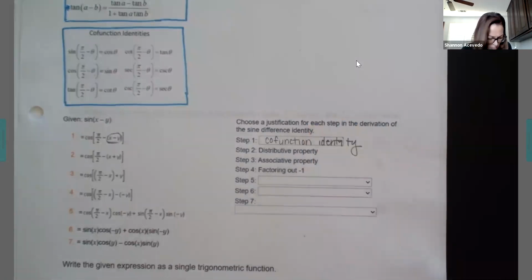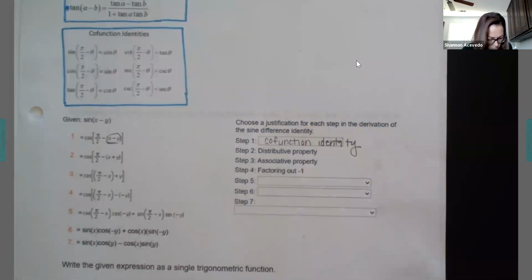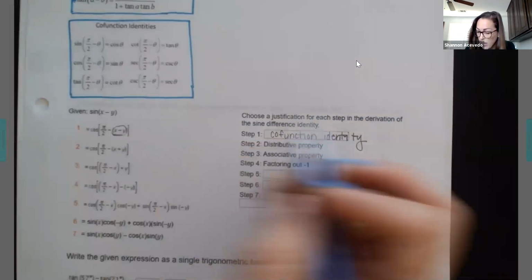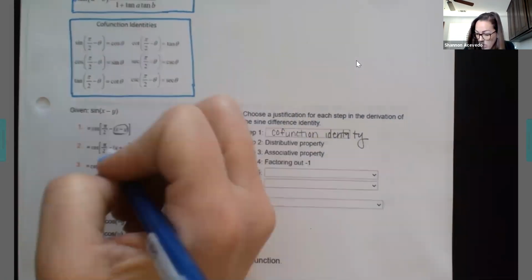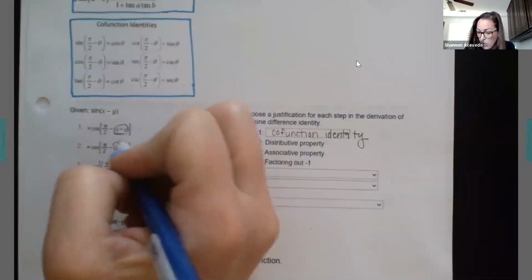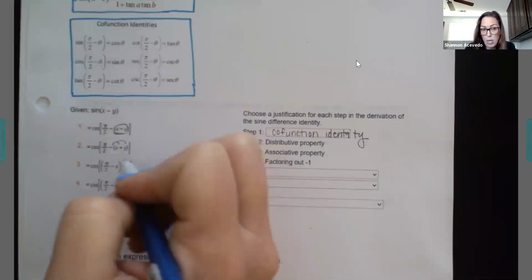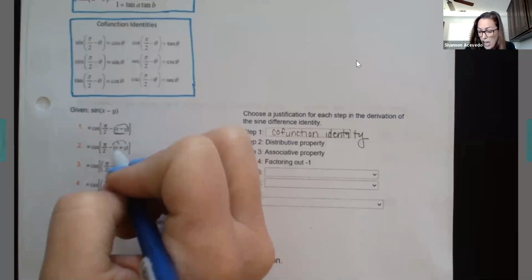I don't like how they did this. The next one, they're distributing through. It looks like they have an error here: they shouldn't have had the parentheses.